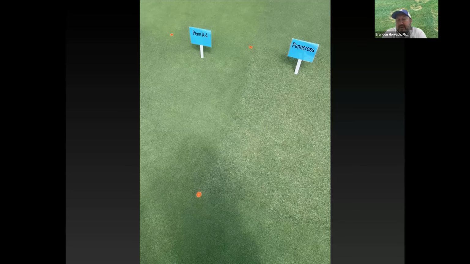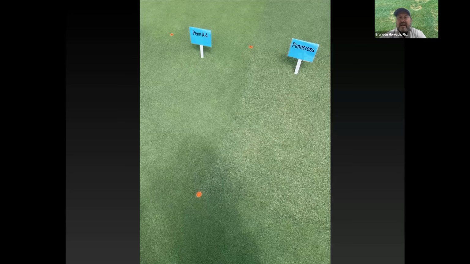It was very exciting to see this up close and personal and really see the progress that's been made over the last 80, 90 years to go from something as coarse and as rough as Penncross and get into this era where we have bentgrasses that are extremely fine, but also pretty resistant to some of our more important diseases.